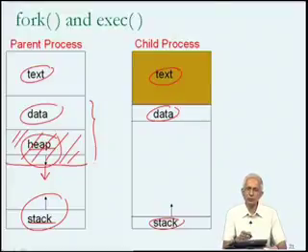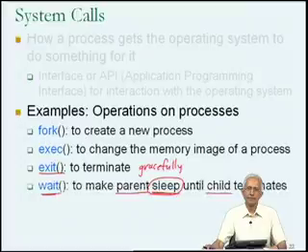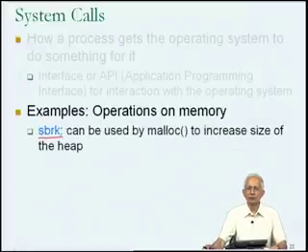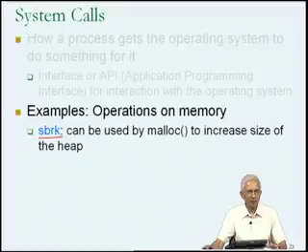This is the first time where I'm showing you heap growing to higher and higher memory addresses and stack growing to lower and lower memory addresses. And it is primarily for this purpose, that it is conceivable that the heap growth is dictated or managed by calls to SBreak. SBreak is a memory related system call, and could be used by a memory allocation library to increase the size of the heap. There could be other such calls, but this is the one which we can understand at this point in time.